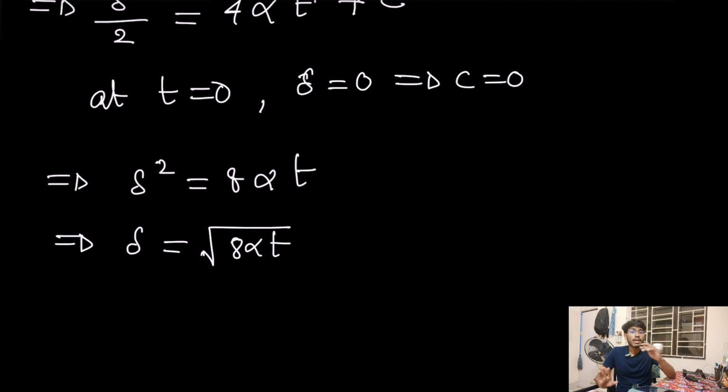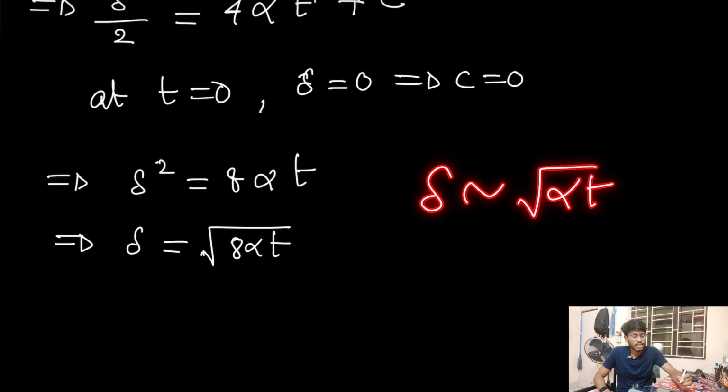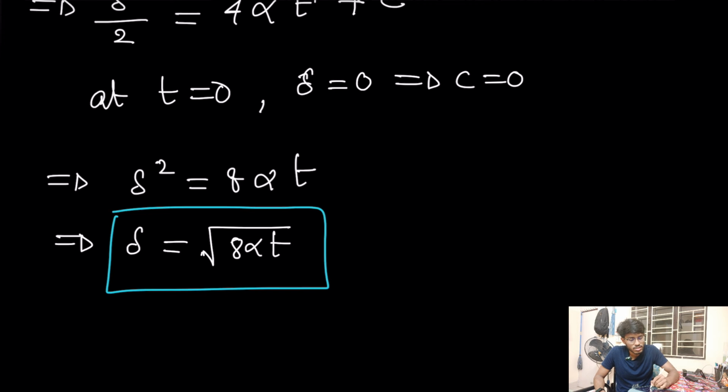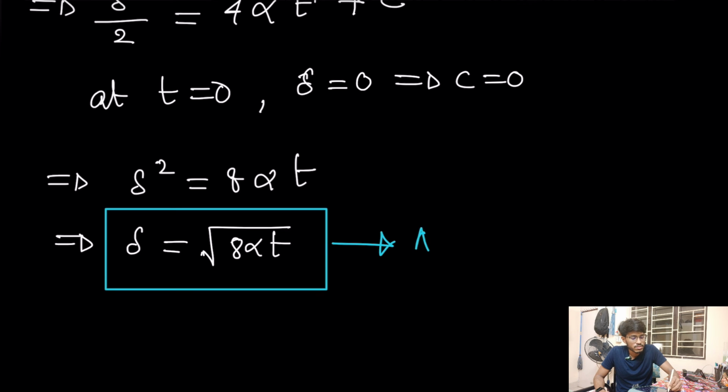Just by some common sense, we could tell that this is of the order of alpha t. But now we got that constant, and that constant is root over of 8. But this is also approximate. This is not exact solution. This is approximate.